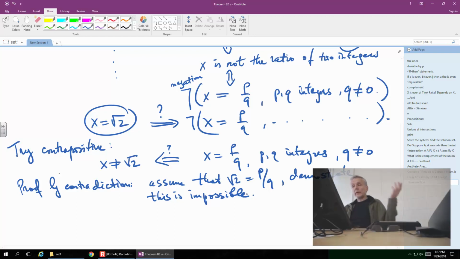Before we actually get to the proof, let's just connect it back to things we have done. What is the interpretation of this in terms of sets?